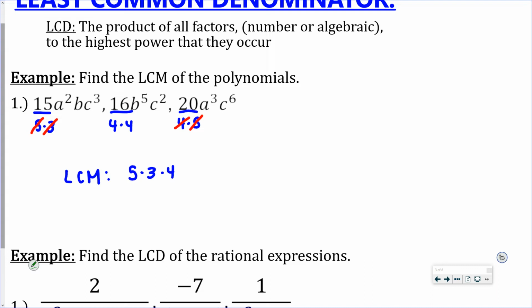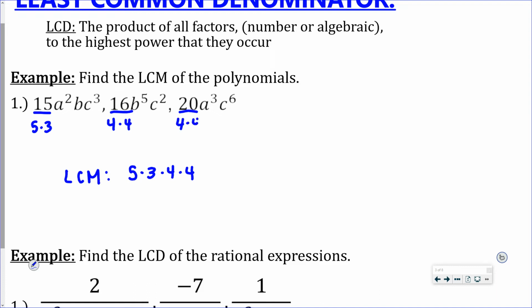Right now I have 1 factor of 4, so I already have this represented in my LCM, but do I have another 4 times 4? No, I don't. So when you think you're done, you should be able to see all of these factors represented yet shared in your LCM.